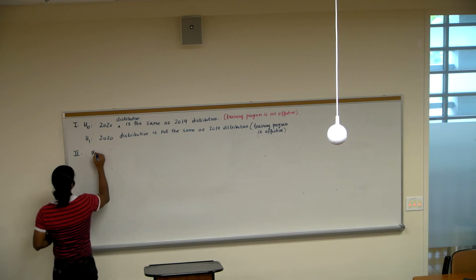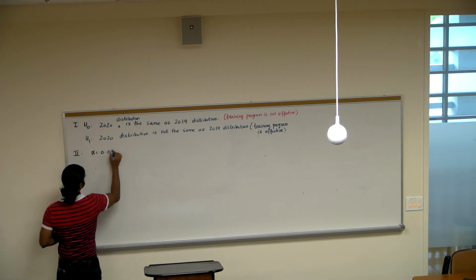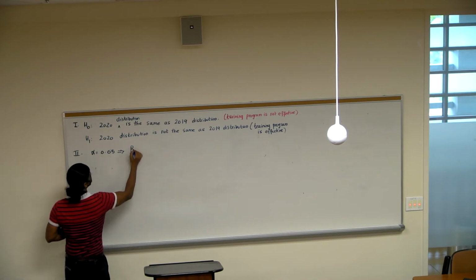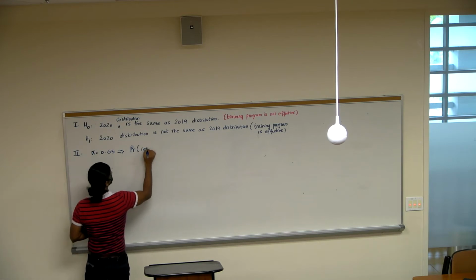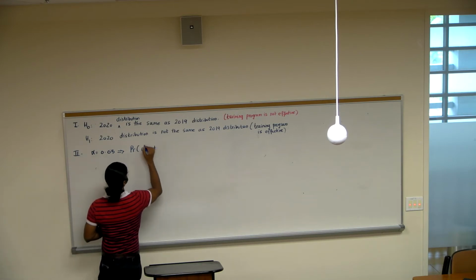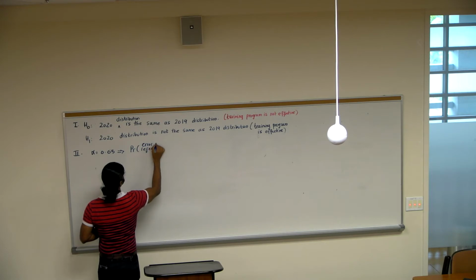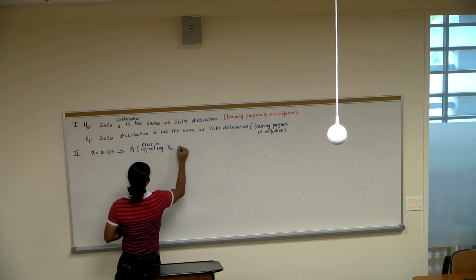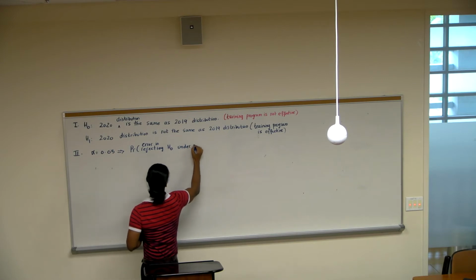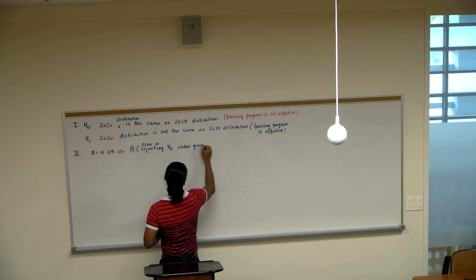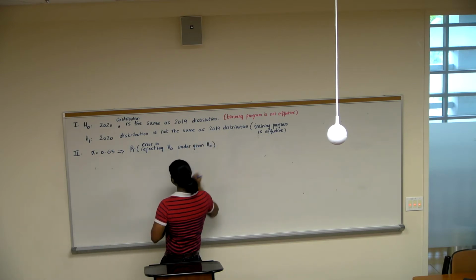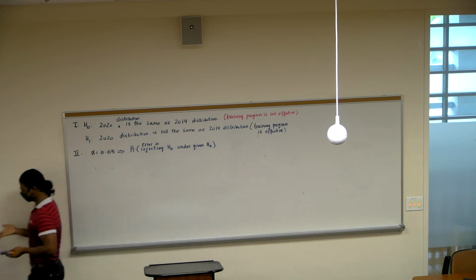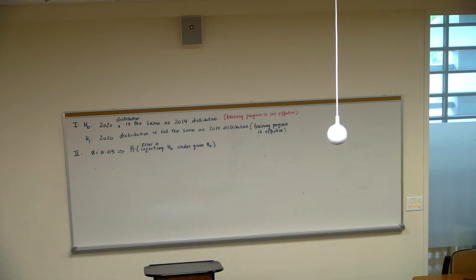So alpha is 0.05, which would imply the probability of error in rejecting the null, under the given null that we have assumed, has to be 0.05 or less.